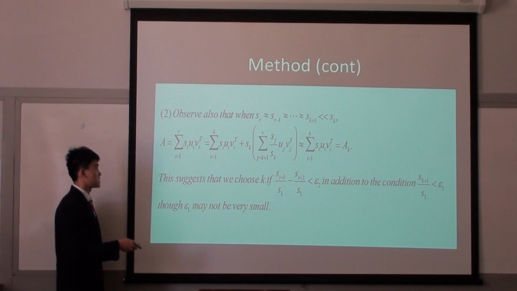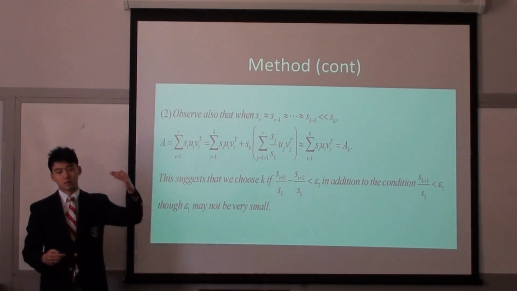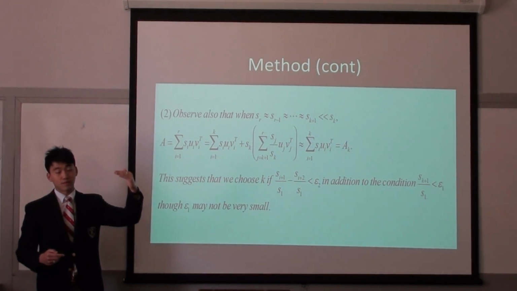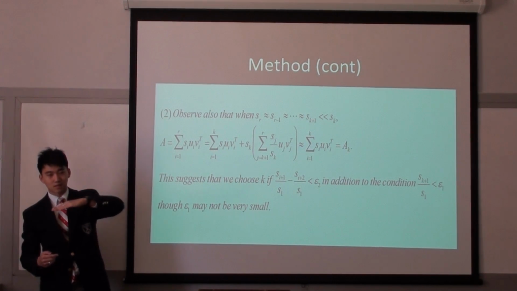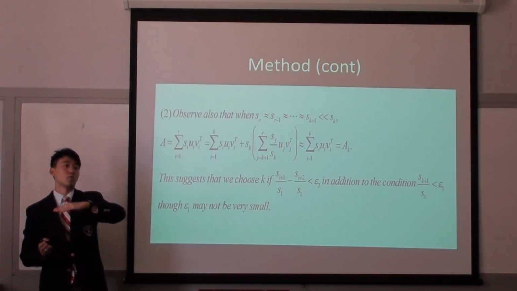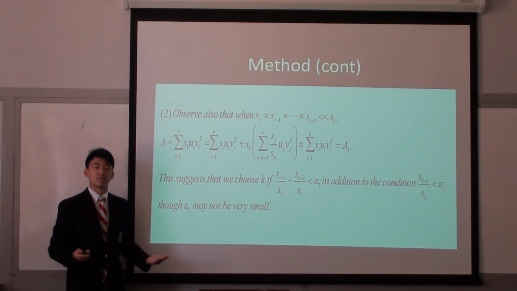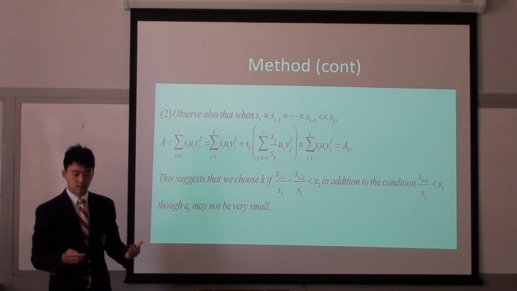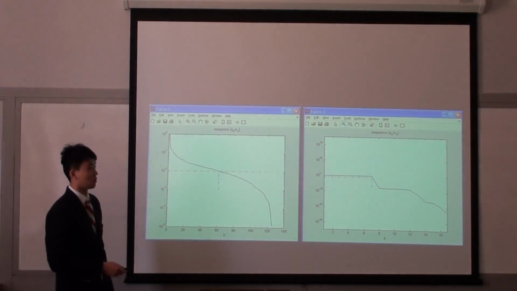Epsilon 2 is the ratio effect. When the curve of the singular values decreases and then goes flat, that point is where we cut, deciding the k value.